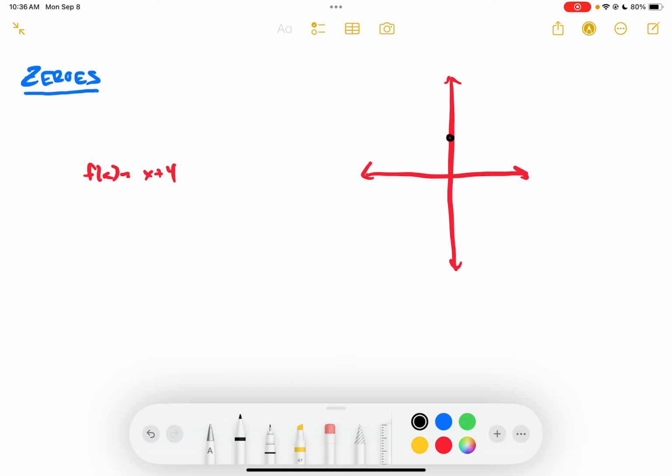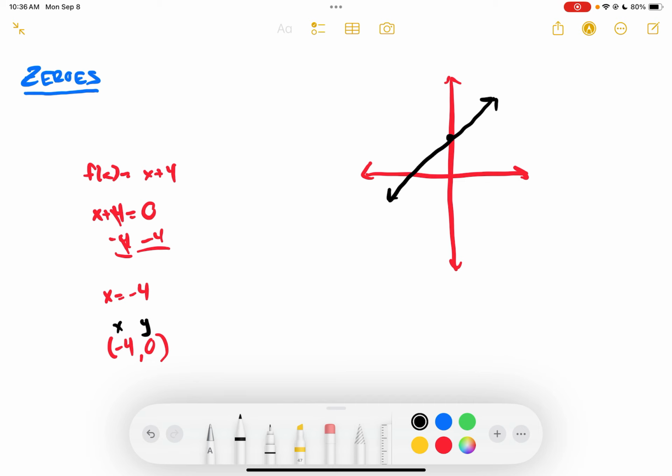And this would be the y-intercept, and it would look something like that. And since I know that when I set this equal to 0 and solve, I get negative 4, that means that when I plug in negative 4, I get 0. That's the whole idea. When the input is negative 4, the output is 0. That's what a 0 of a function is doing.